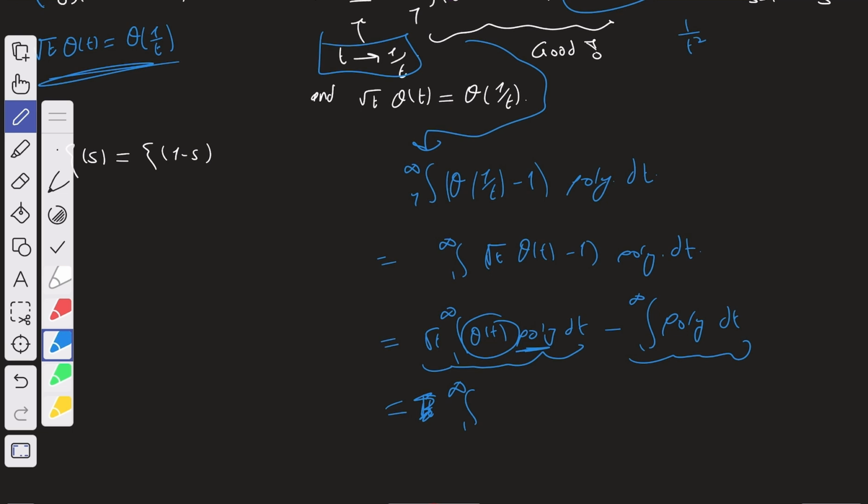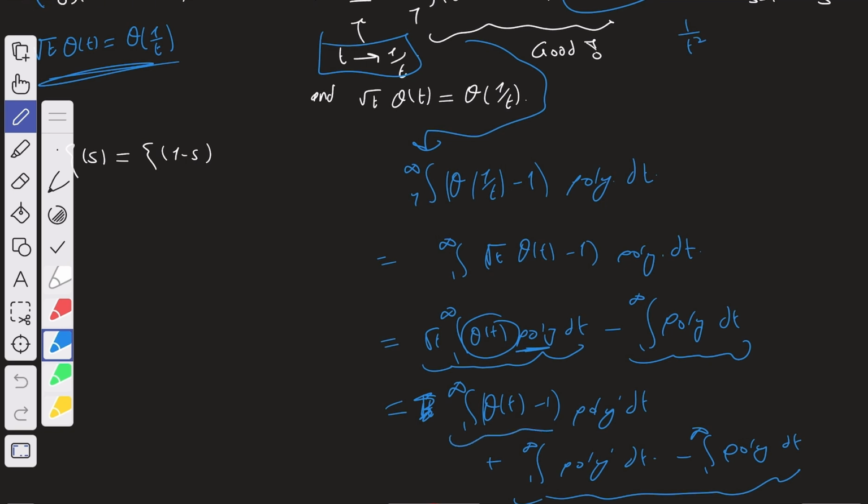So this is theta of t minus 1 times some poly prime, a new polynomial, dt, and then, because we subtracted this term, we add the integral of a polynomial, and we have the subtraction of another integral of a polynomial, and these are easy things to evaluate.